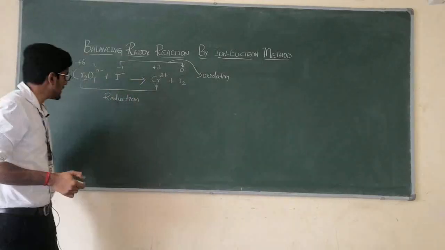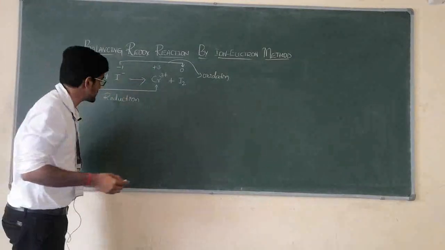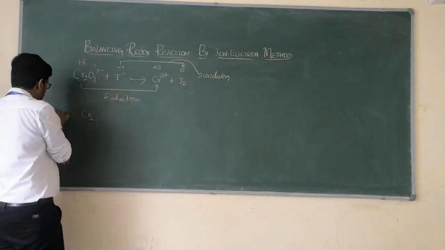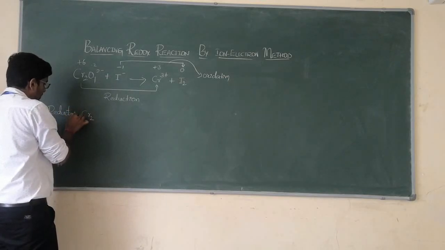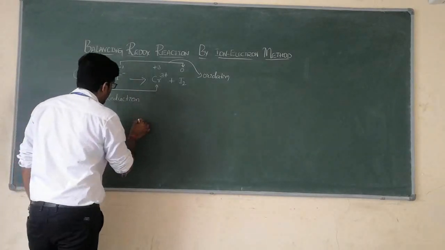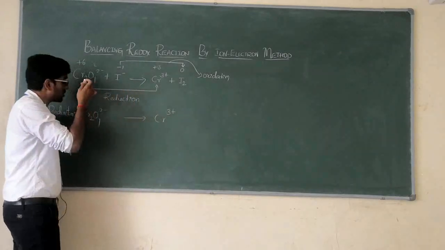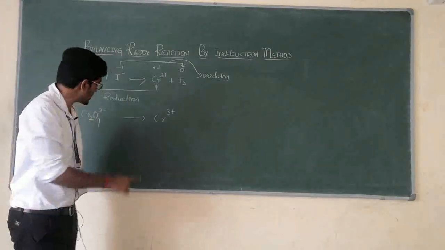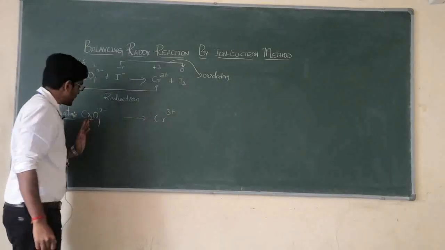Now let us write the oxidation half reaction and reduction half reaction separately and balance them. First the reduction half reaction: Cr2O7 2- forming Cr3+ indicates reduction.